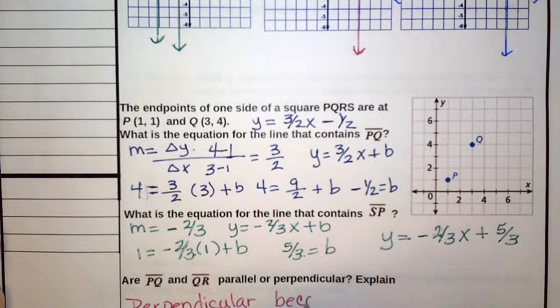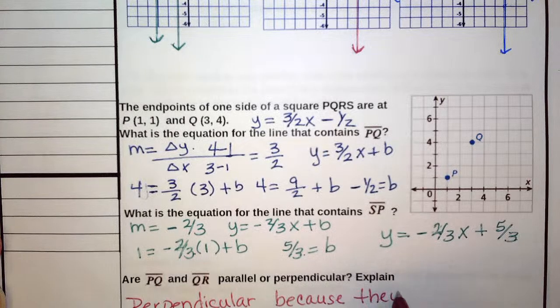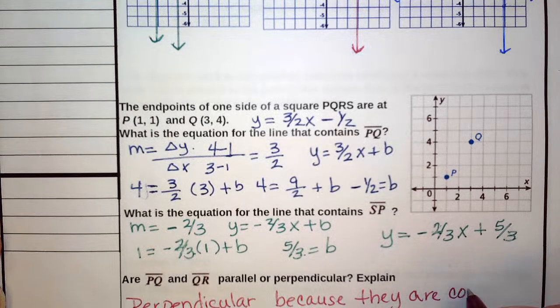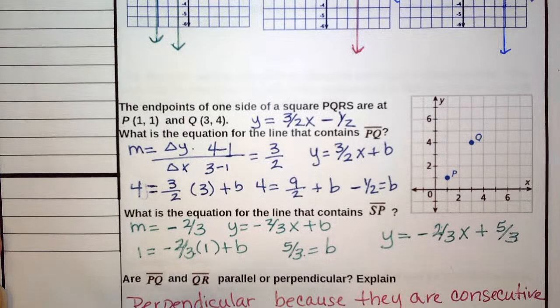Because they are consecutive sides of a square.